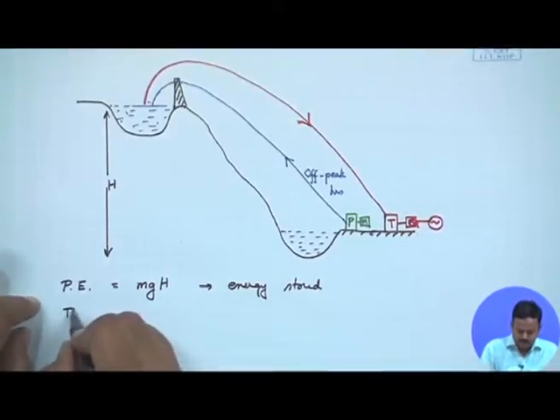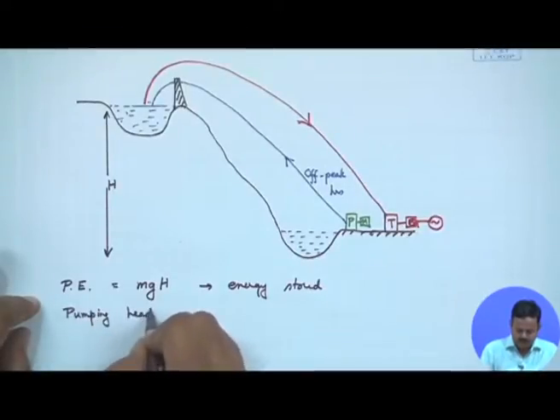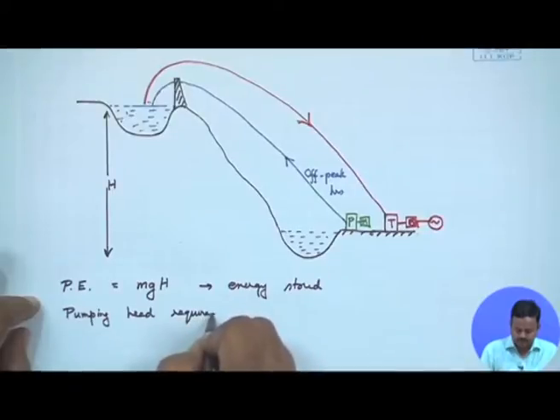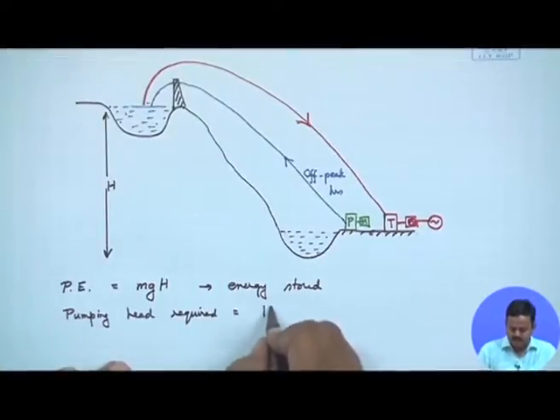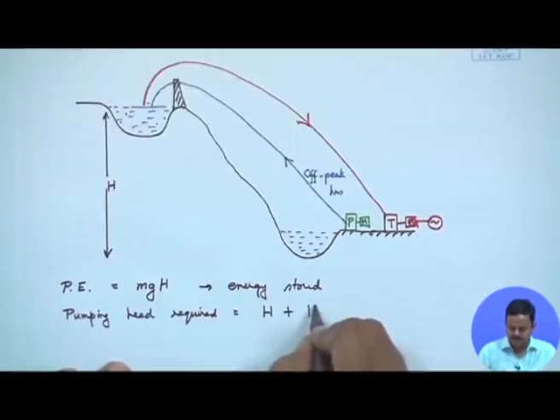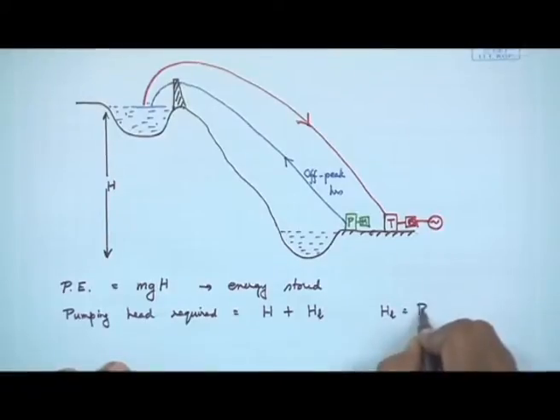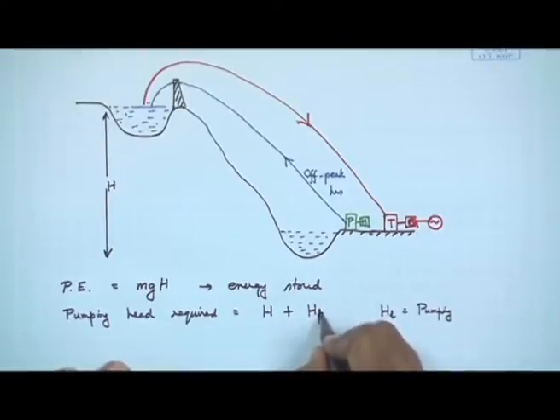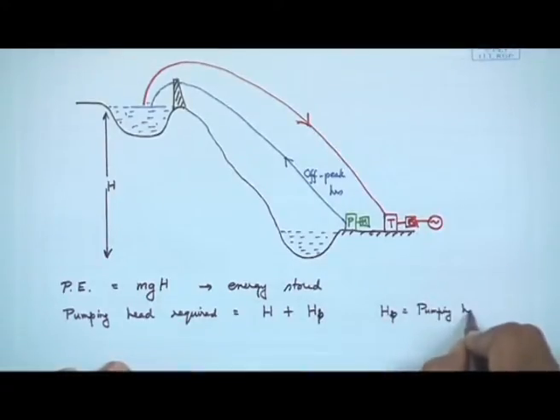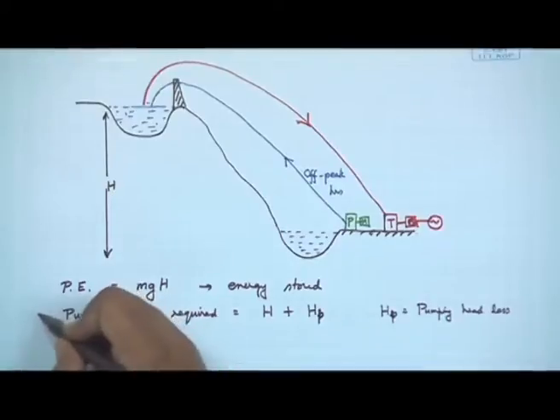However, what is the pumping head required? This is going to be H plus HP, where HP is the pumping head loss. So, this is when you are in the pump mode.